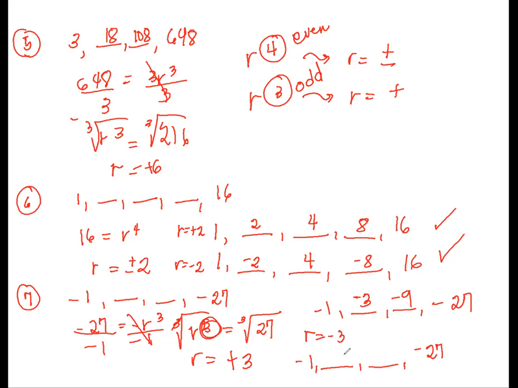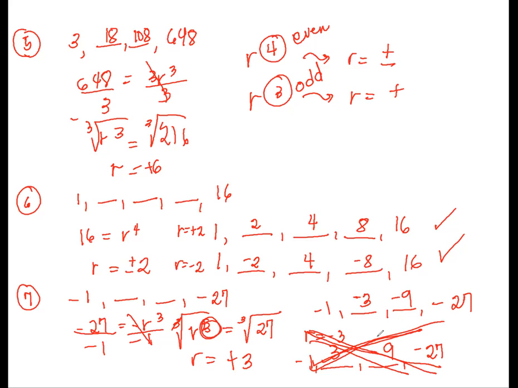Tingnan nyo magiging result ha. So negative 1 times negative 3 is positive 3. Then positive 3 times negative 3 is negative 9. Negative 3 times negative 9 is positive 27. So dapat negative yan. Hindi natin siya pwedeng i-consider as the value of our R. Okay, do you understand?